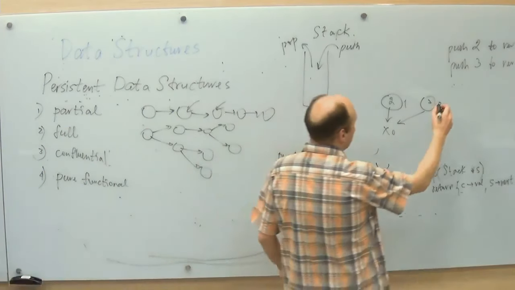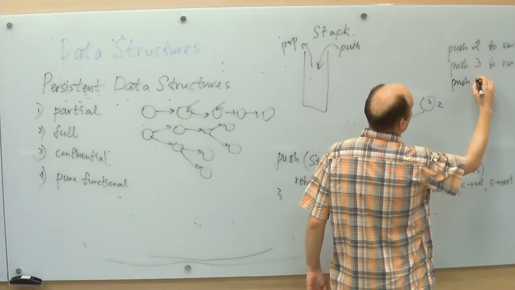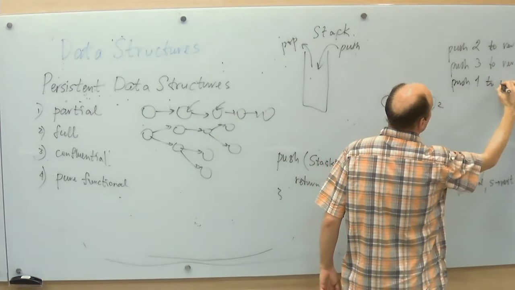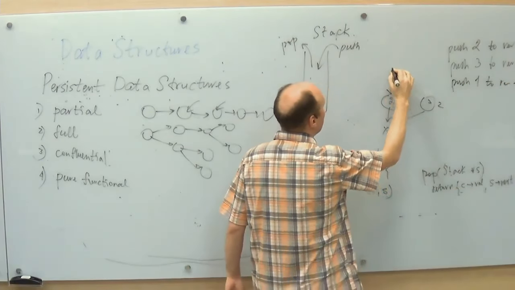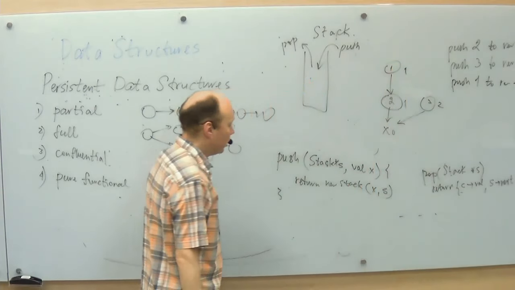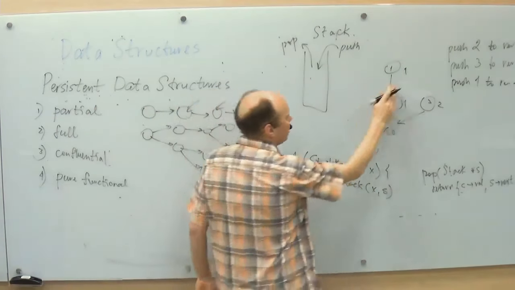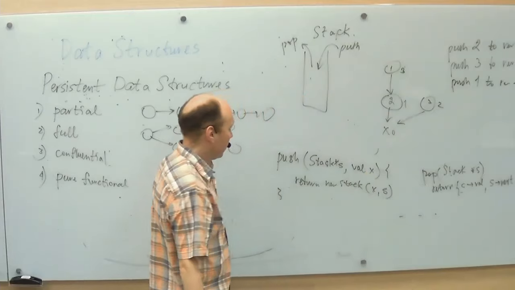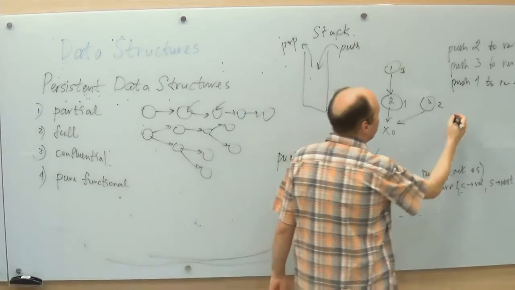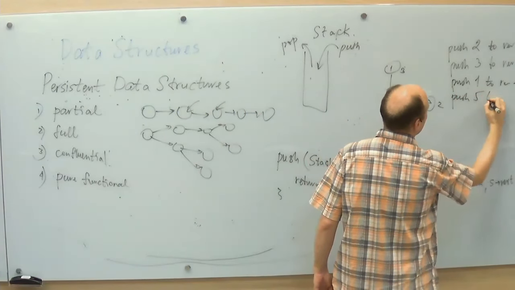Then we push 1 to revision 1, and we have a new vertex 1 that is now revision 3. Then we push 5 to revision 1.